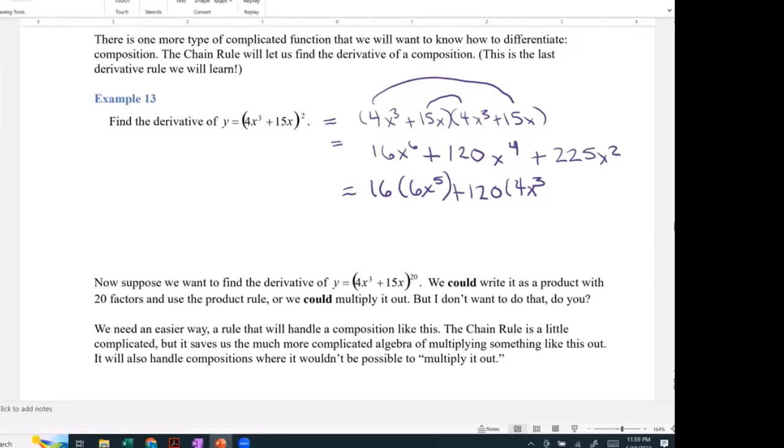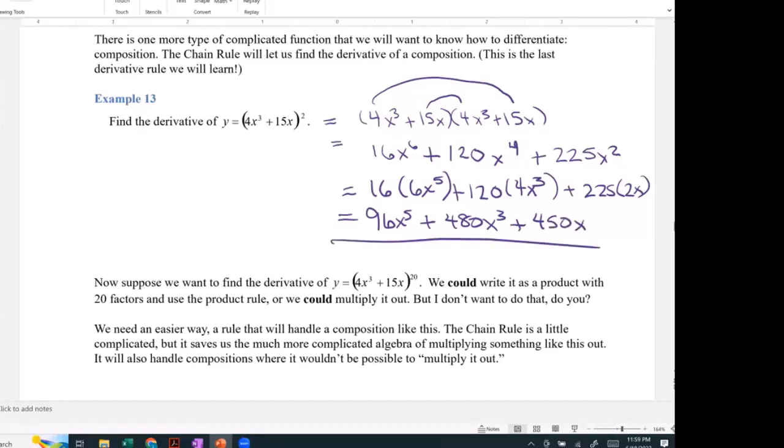Sorry about that. Yes, plus 225 times 2x. So we multiply this out, we get 96x to the 5th plus 480x cubed plus 450x, and I found my derivative.